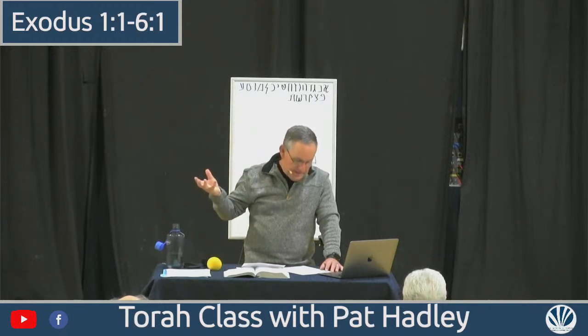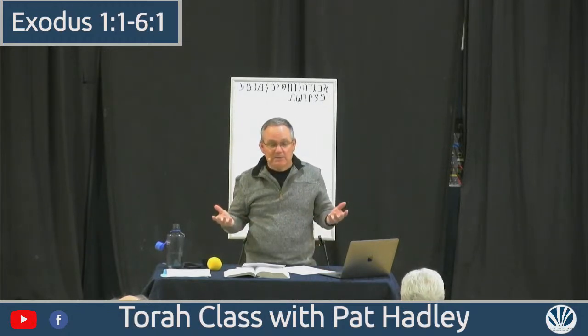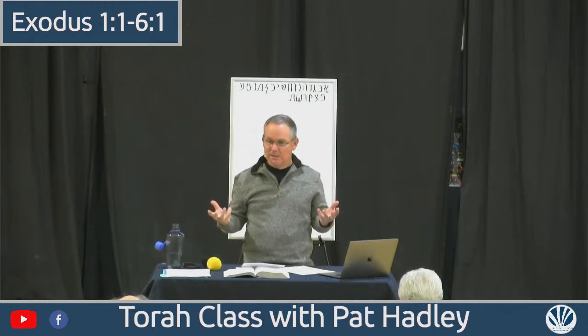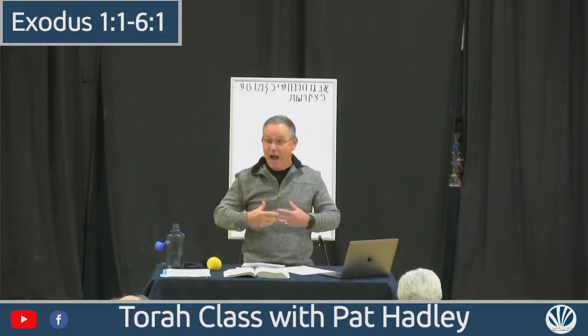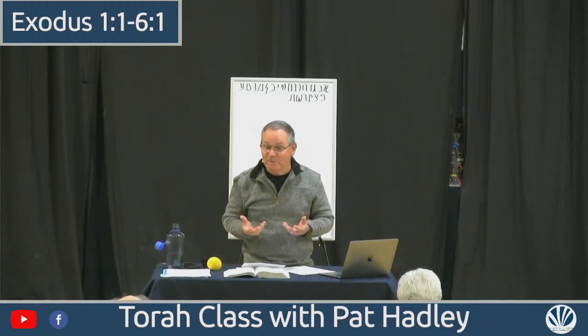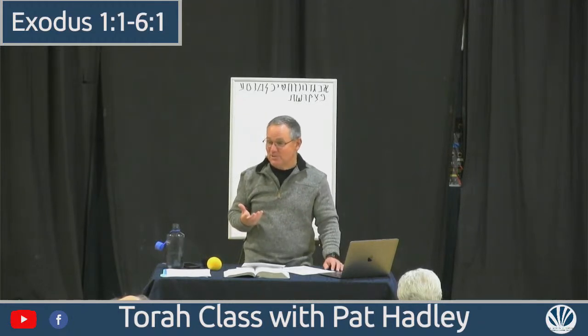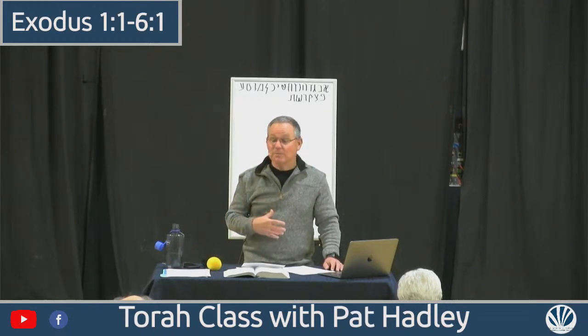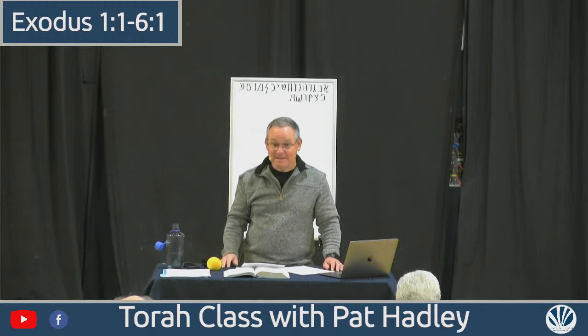So he doesn't give them a name like my name is Bob or whatever. He gives them this deep meaning of who he is by saying, I am the one who is and will be. And you ask, you are and you will be what? And the answer is, whatever I am needed to be.